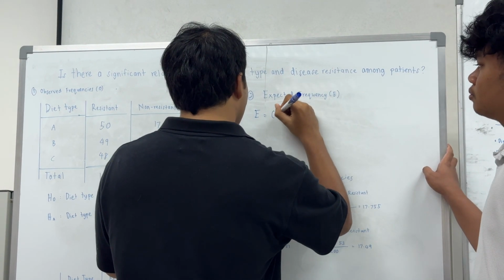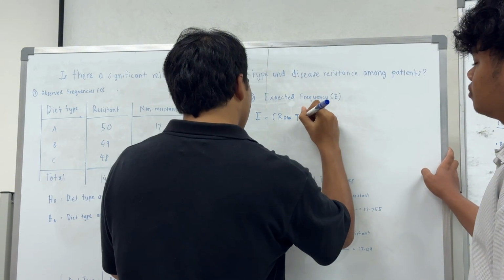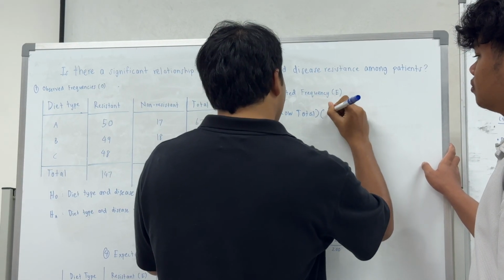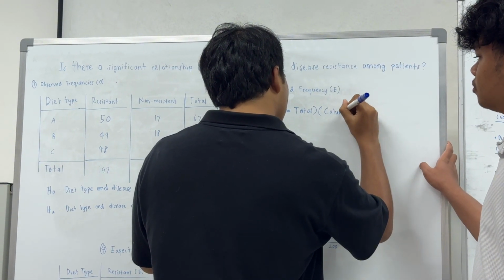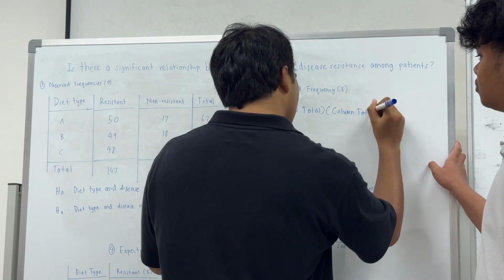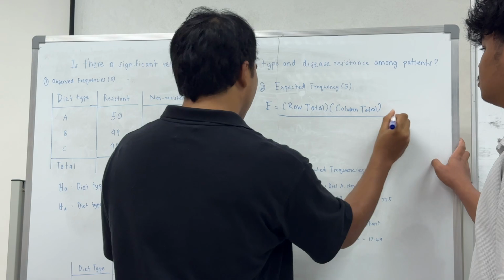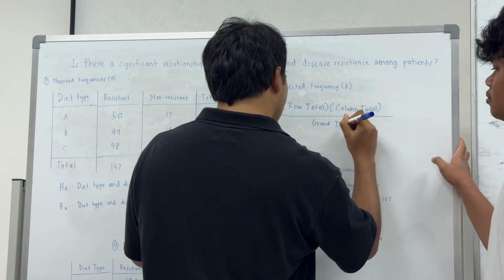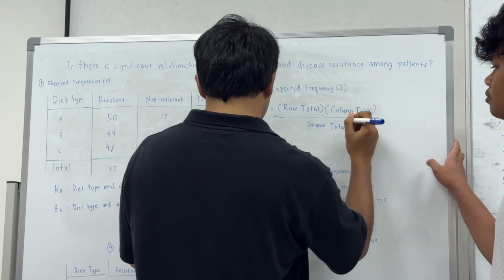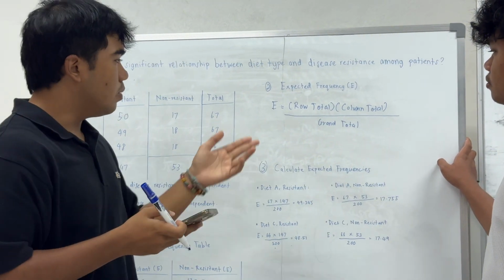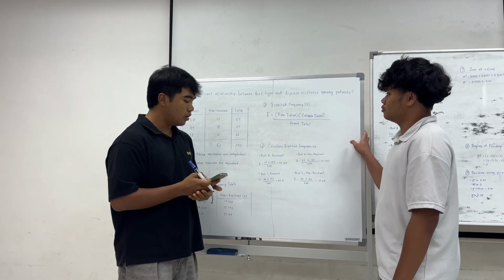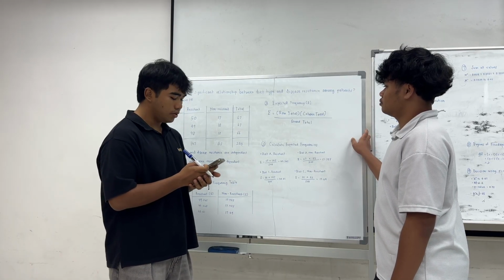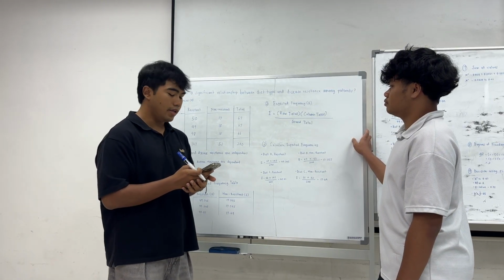E equals row total multiplied by column total, and we will divide by the grand total. This symbol E is pronounced as expected frequency. The horizontal line in the formula is called a fraction bar, and it means divided by.